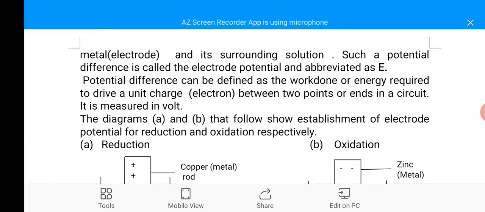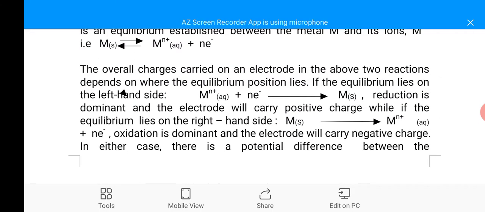In either case, how can the electrode gain electron? When the atom is getting dissolved inside the solution, forming what? Forming, like as we have here, Mn+. If we have M solid turning to Mn+ aqueous, that means the electrode would do what?